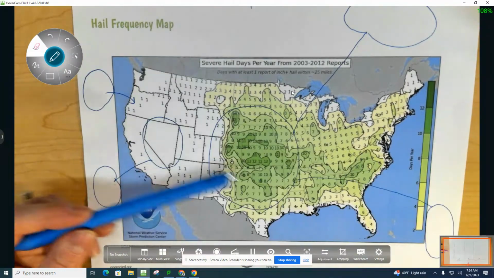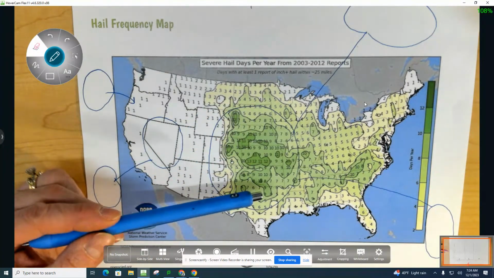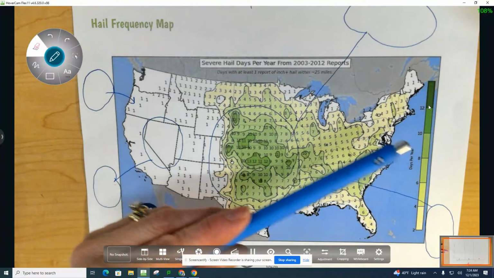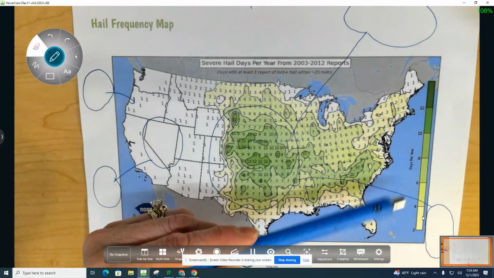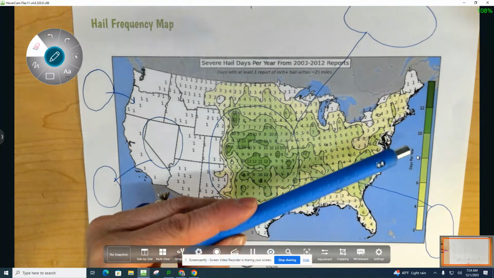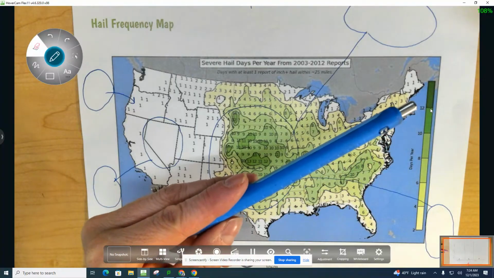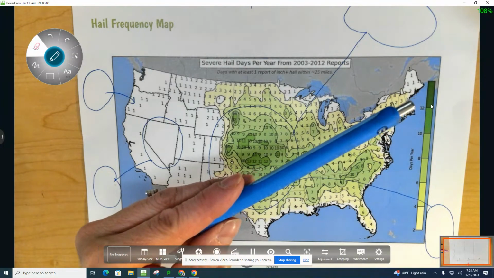Okay? Notice the coloring, and there are numbers in there, so those are the days. And if you match up the colors to our key over here, this is days per year. So how many days per year did an area get very large hail? And the darker we go, the more days they got of large-sized hail.